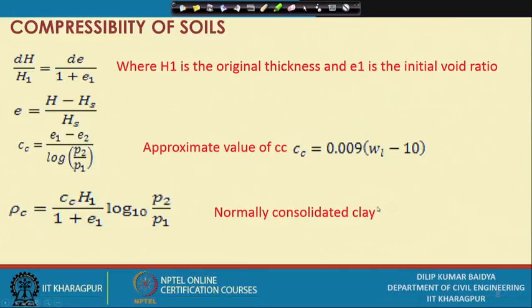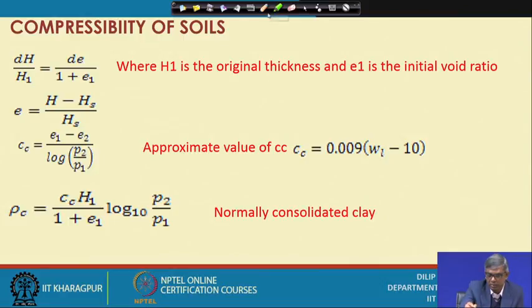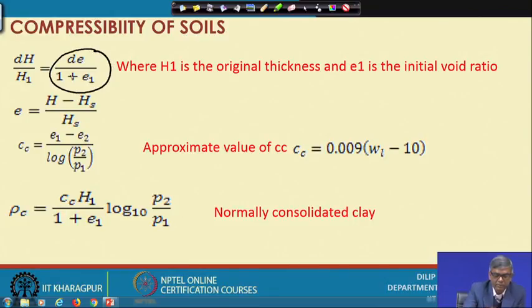Next, another important thing we have considered, which will be useful many times: de by 1 plus e, this is the volume compressibility and coefficient of volume compressibility, the change in volume over original volume, in fact. This is also the change of volume over original volume, considering one dimensional consolidation.